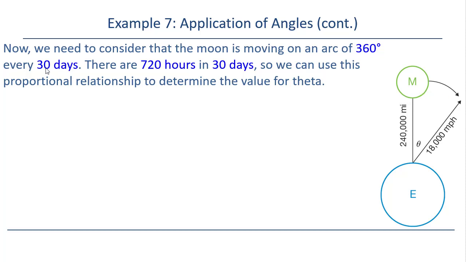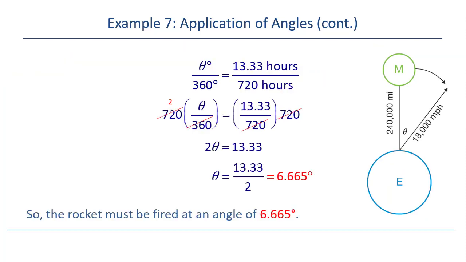So instead of saying it goes full orbit, 360 degrees in 30 days, we're going to say it does a full orbit in 720 hours. And hopefully you're starting to see where we're going with this. Because now we figure out the degree, our measurement, this degree here, has to be this portion of 360.